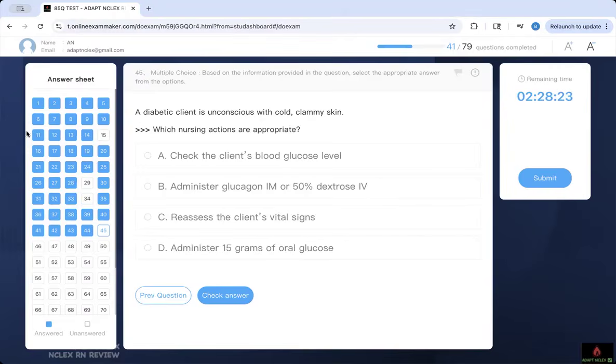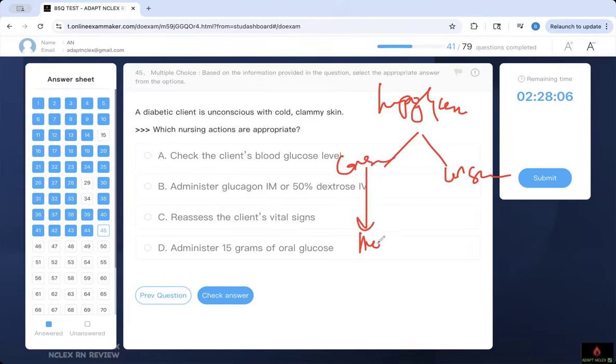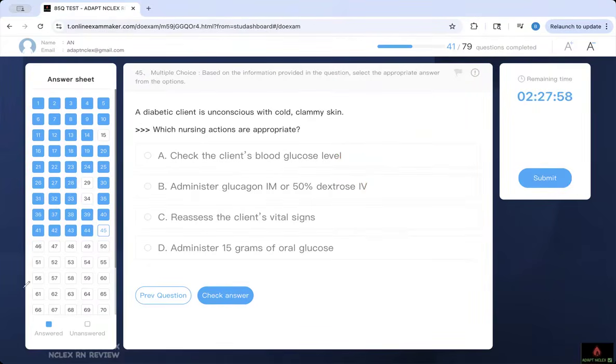Every time you see a diabetic patient who may be hypoglycemic, I want you to write this down. Two things you ask yourself: unconscious or conscious? If you're conscious, I can use your mouth. If you're unconscious, I've got to use IM or IV. That's all. So pick an answer choice that talks about IM because this patient is unconscious.